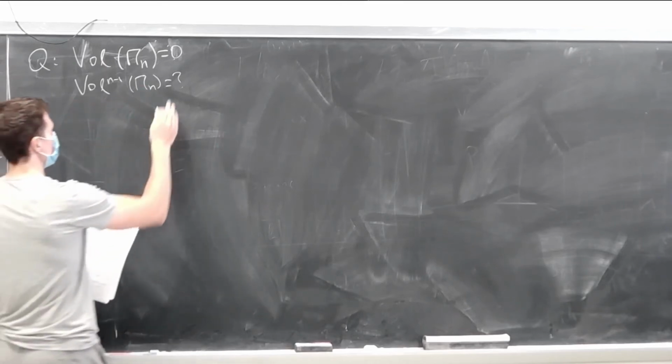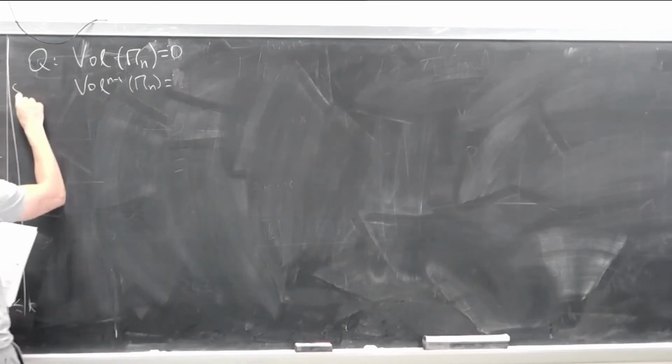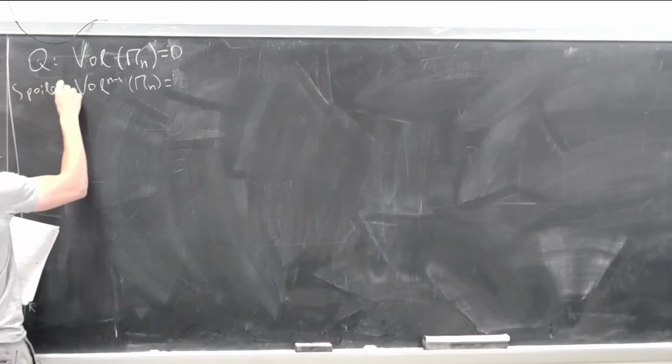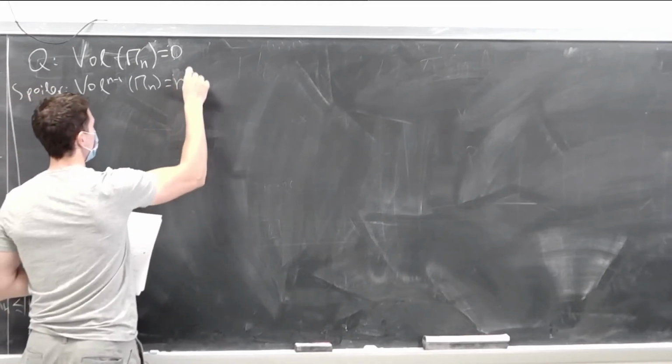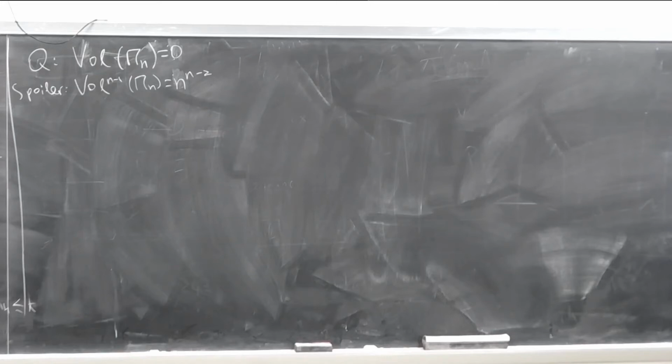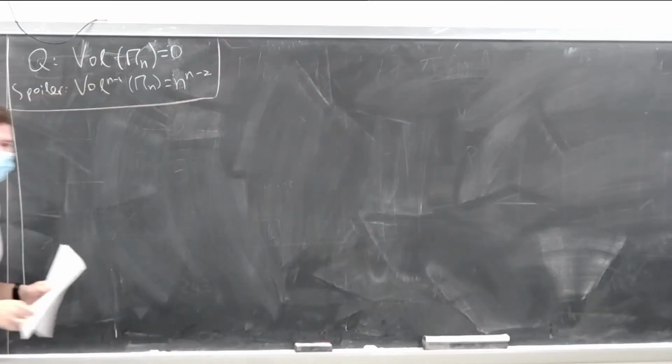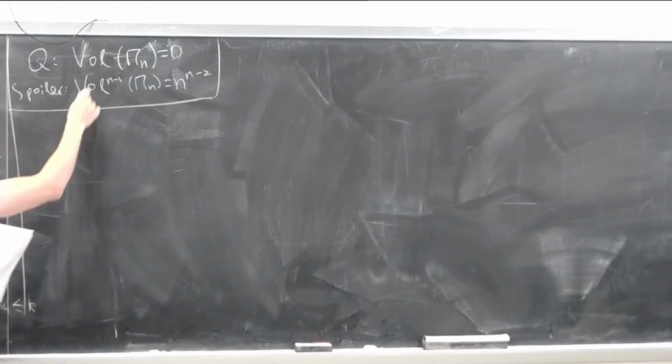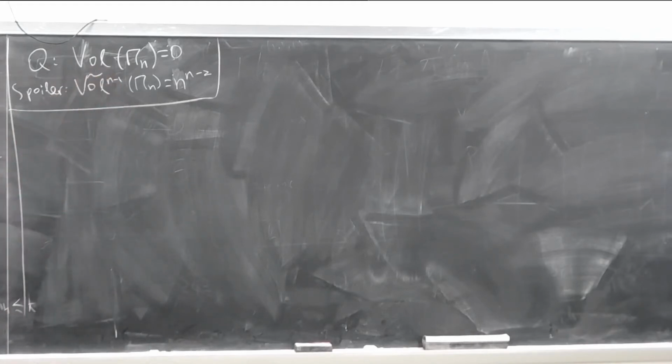Let me just mention a spoiler. The volume is going to be n to the n minus 2. Reason? It's some normalized n minus 1 dimensional volume. I have to define it correctly, but after I do, it's n to the n minus 2.